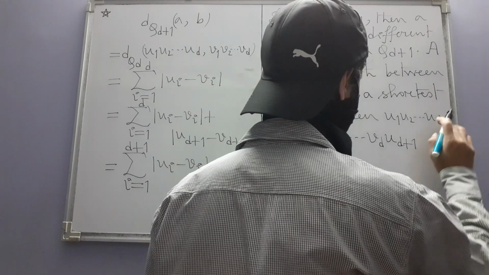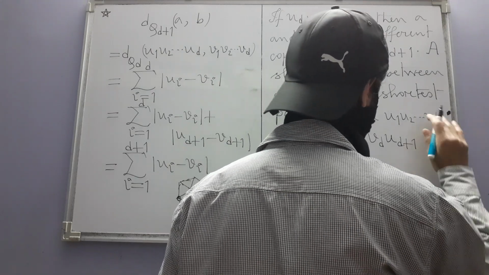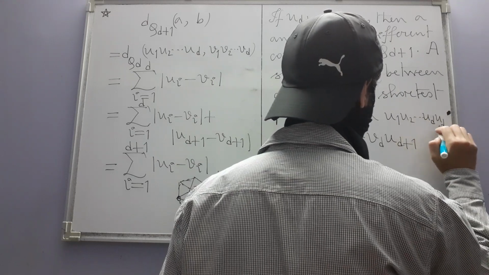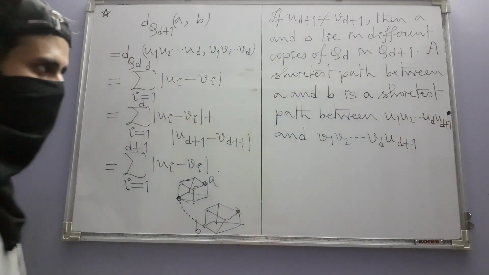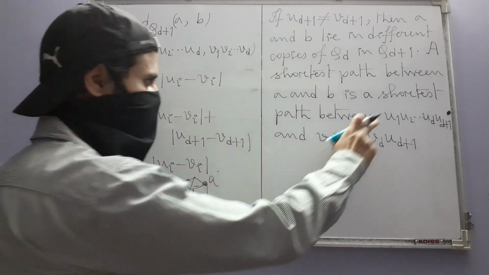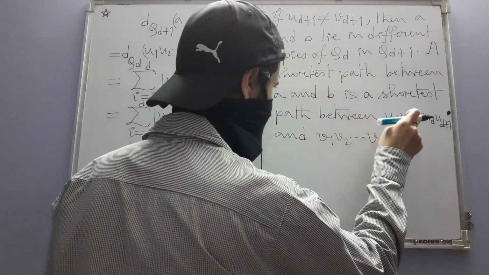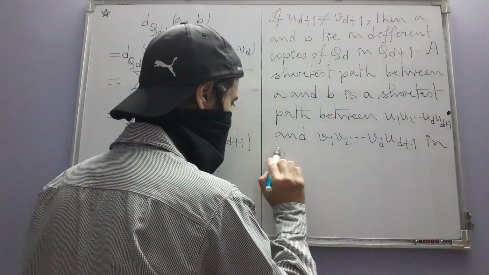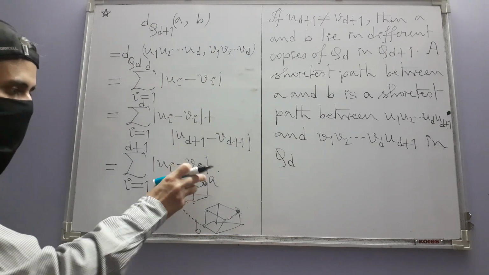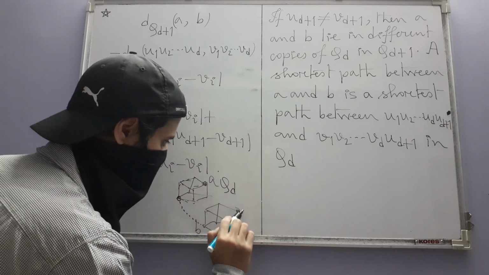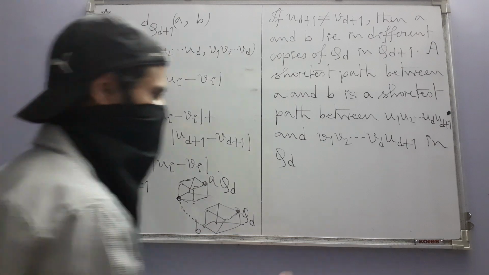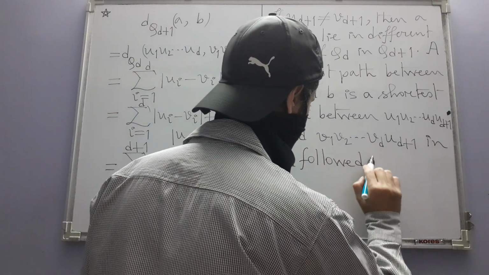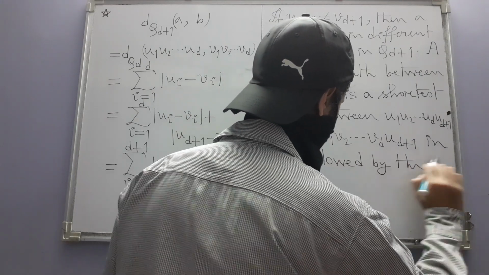Oh, in that sense, I have to write D plus 1. I mean, I cannot neglect this thing, the last digit. Okay. So that is just simply A. Between the shortest path between this and this in QD, that means in one copy. So this is one QD, this is another QD, followed by the edge.